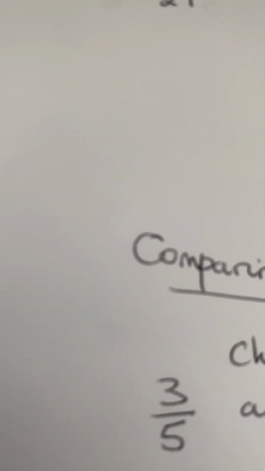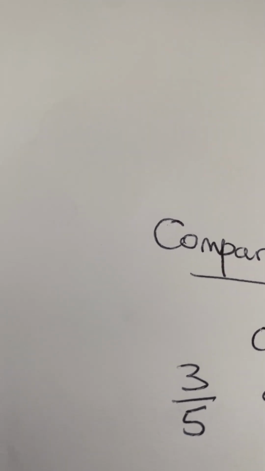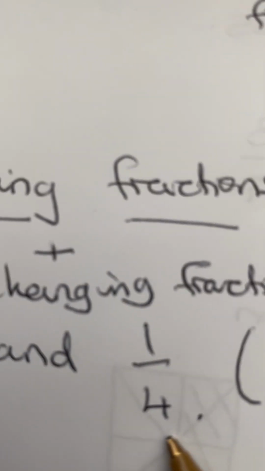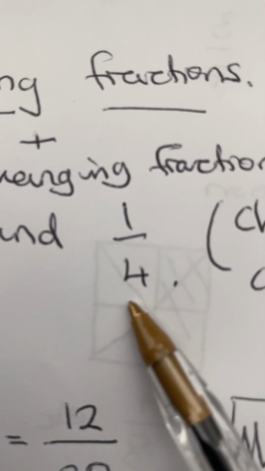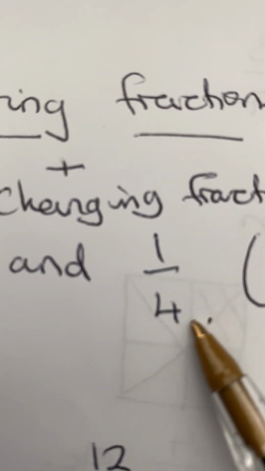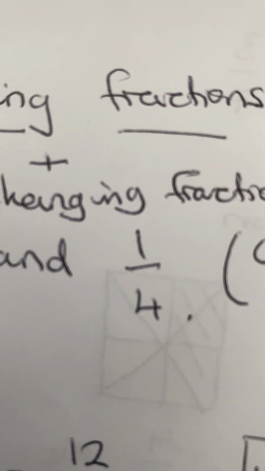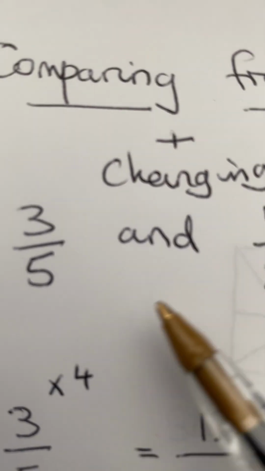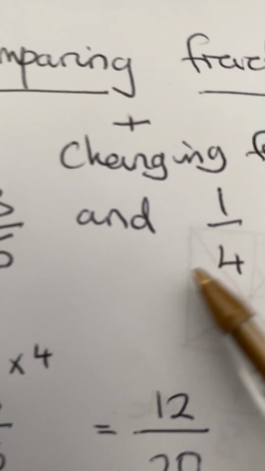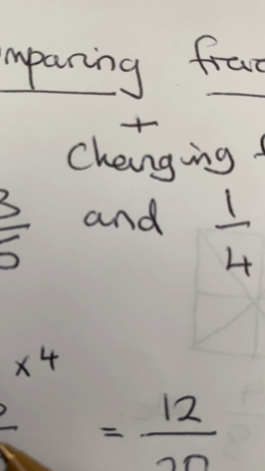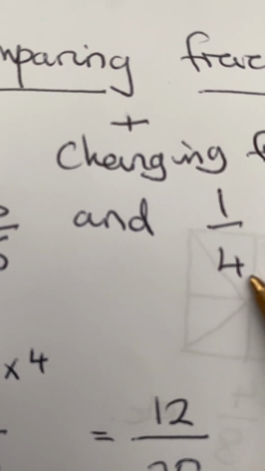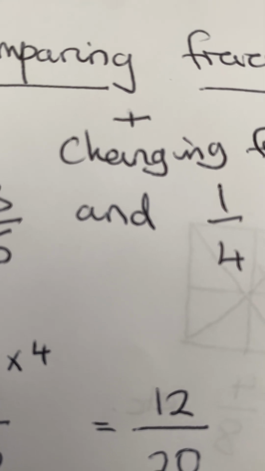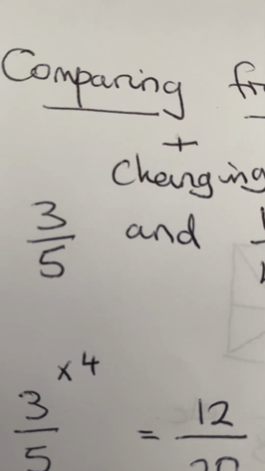So for instance, look at 3 over 5 and 1 out of 4. Okay, I'm going to find a multiple for both of the denominators and then try and use that to make my fractions easier so that I can compare both.